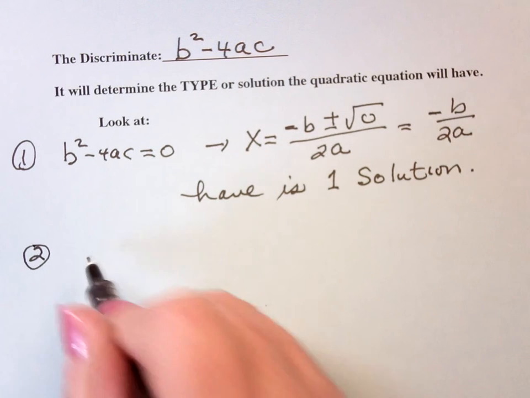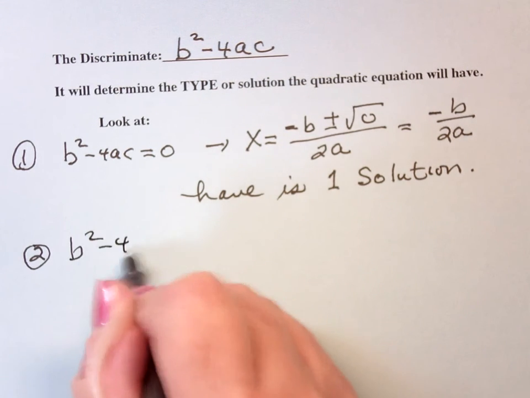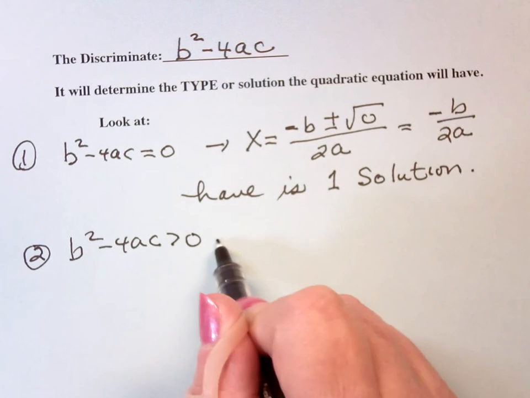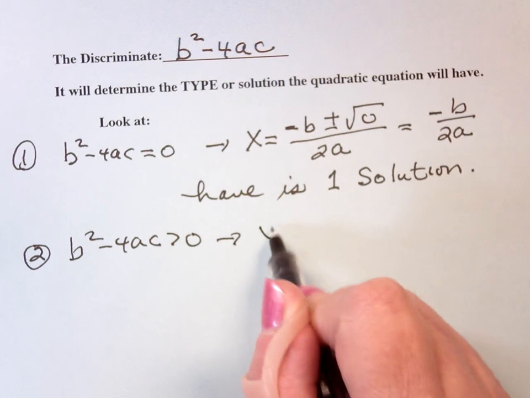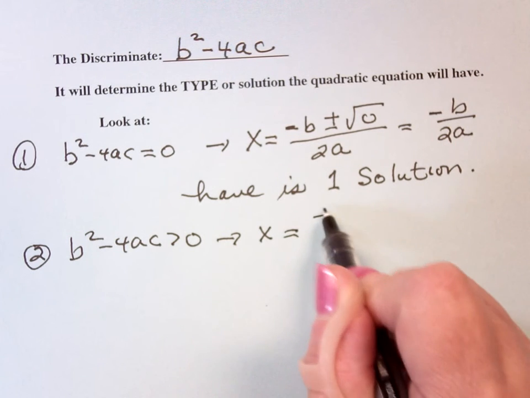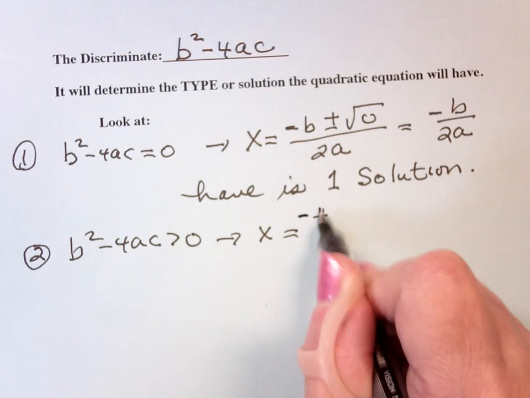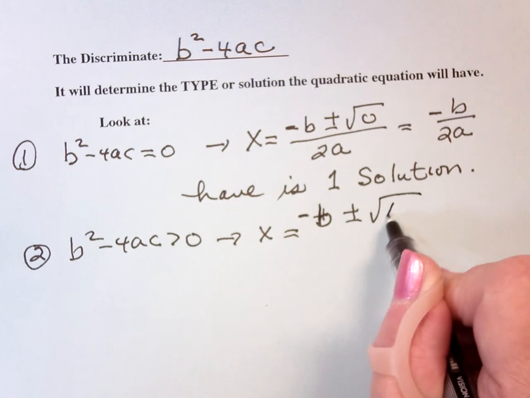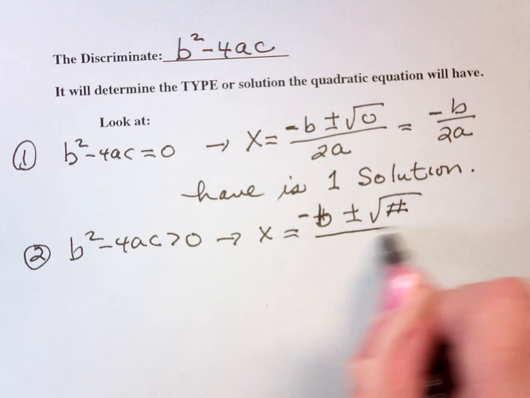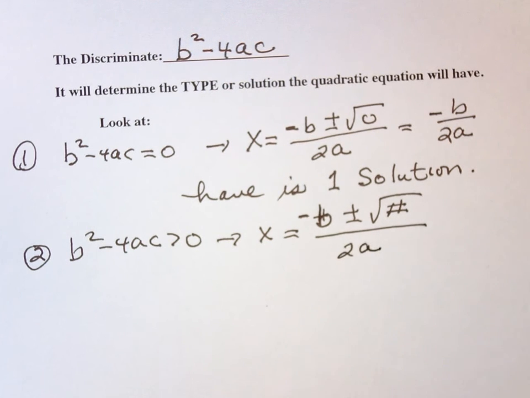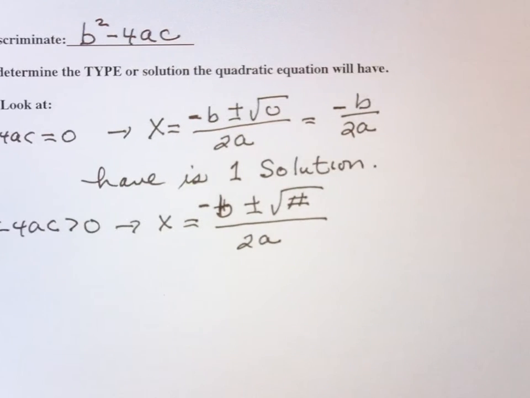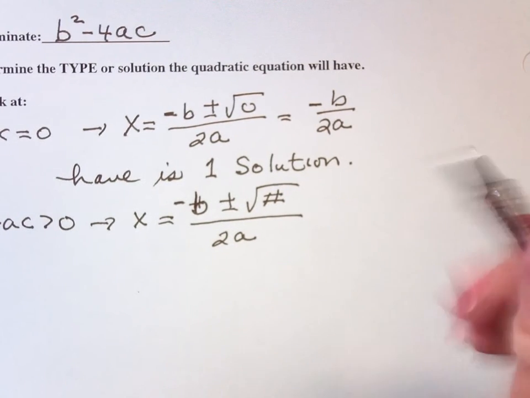Second, if b squared minus 4ac is a positive number, what we're going to have is x equals minus b plus or minus the square root of some positive number all over 2 times a. Now, what's that going to mean to us? Well, that means I've got two solutions.